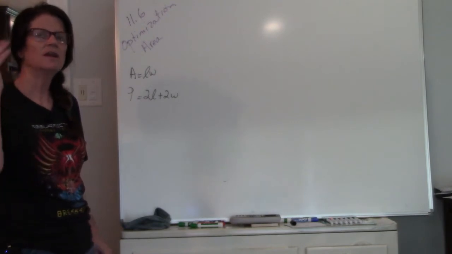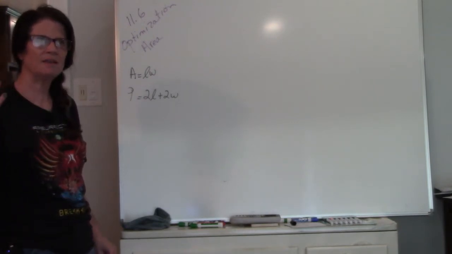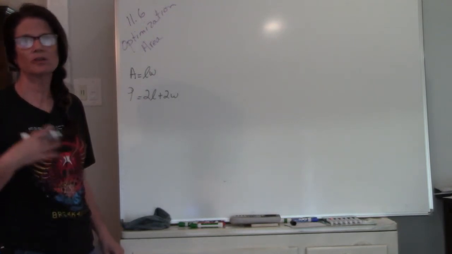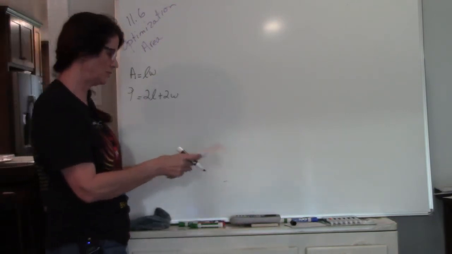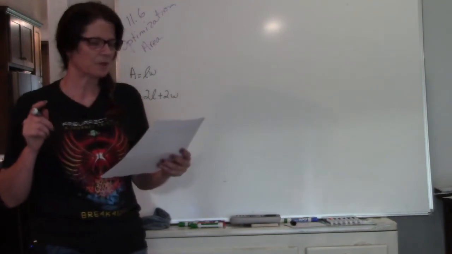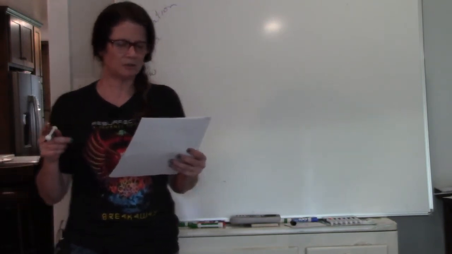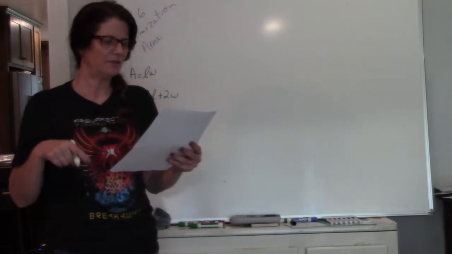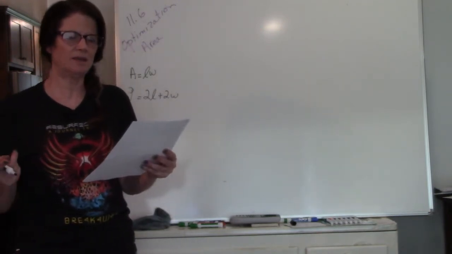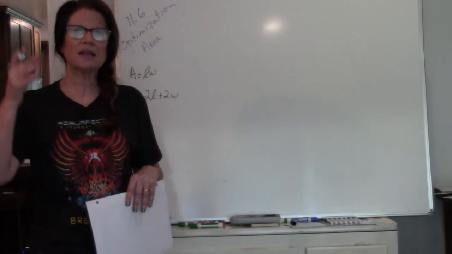All right, so area, it will say you're going to be finding dimensions or you're going to be finding the maximum area. Okay, so let's start with the first question. The first question says, find the dimensions of a rectangle with a perimeter of 76 feet that has a maximum area. So we're going to go through this as a process.